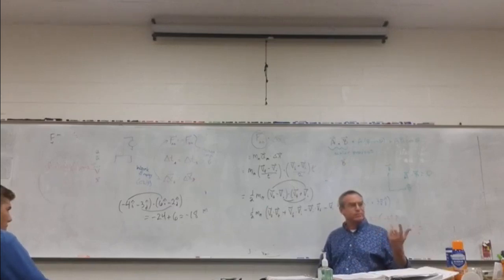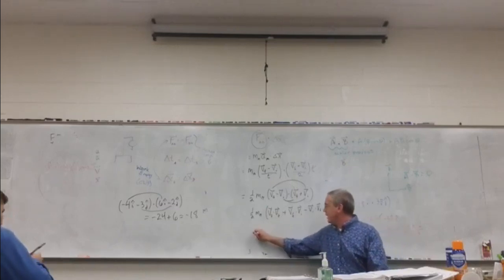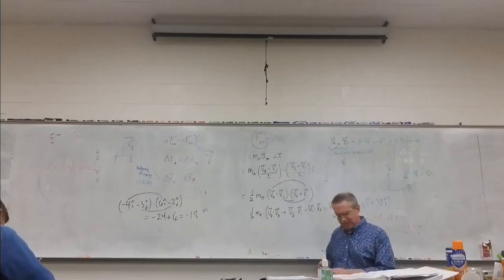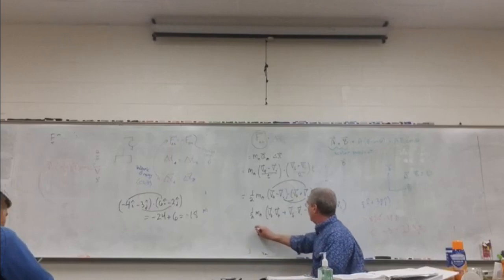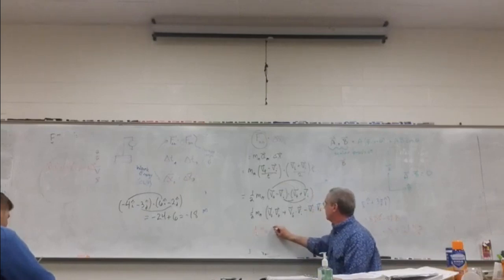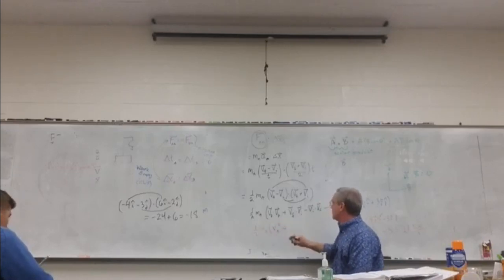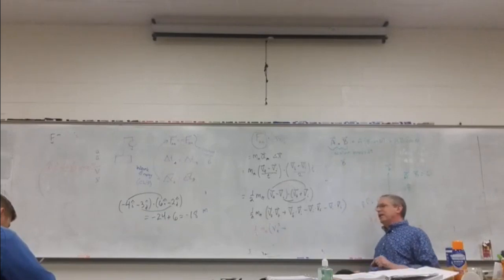All right, so this is 1/2 mass of A times VF squared. That is really not much better. VF squared plus VF dot VI.